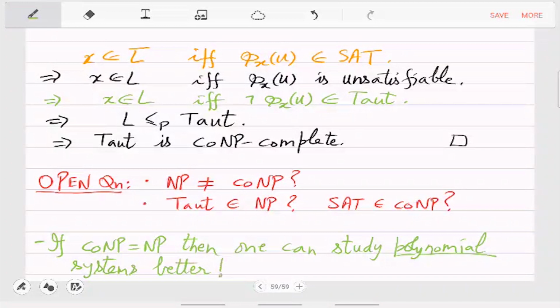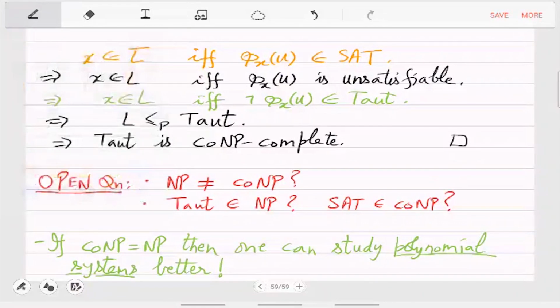And so if co-NP becomes equal to NP, then it's basically implying that whether a polynomial system has a root, that has a verifier, and it doesn't have a root, that also has a verifier. Right. So somehow in this exponential space, somehow weirdly the search you will understand better, if co-NP is equal to NP. So it will also have algebraic consequences if you can show these two equal. Although usually we conjecture that they are different.